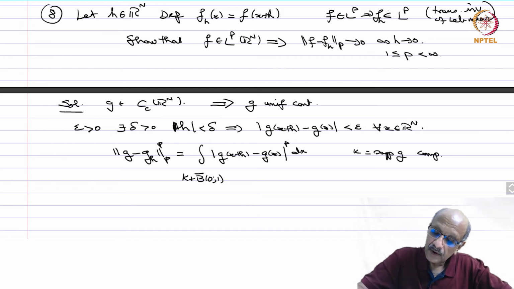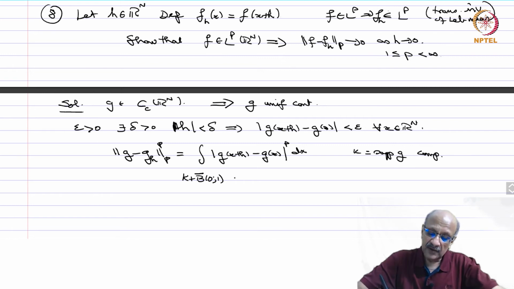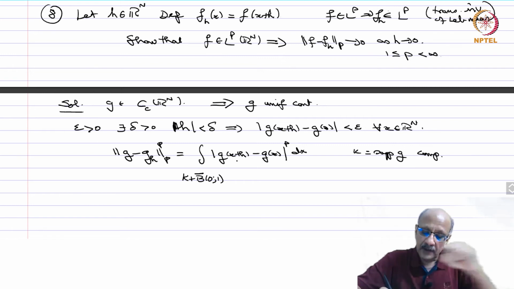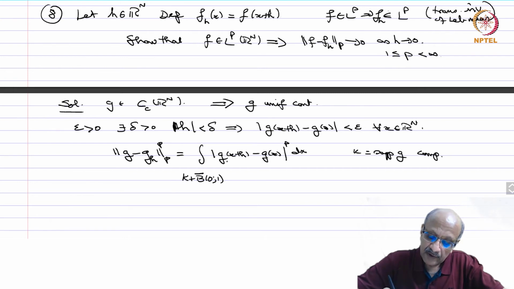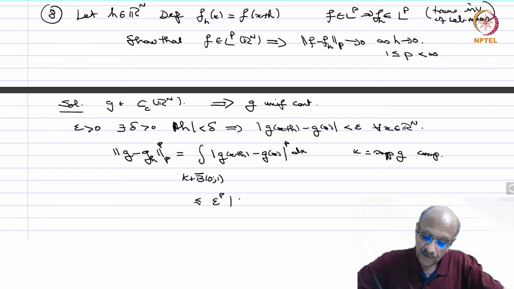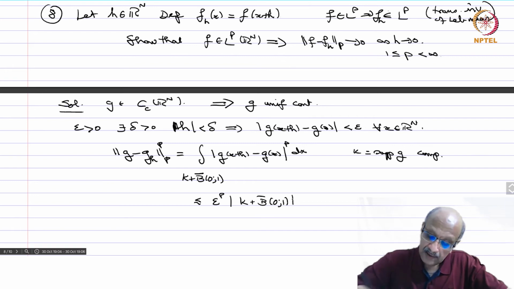Because this translate by h will be just this, it will be 0 outside this set, and therefore you have this, and so that is less than or equal to epsilon to the power p into the measure, which for us is the measure of K plus the closed ball B(0,1), and therefore this implies that g minus g_h in L^p tends to 0.